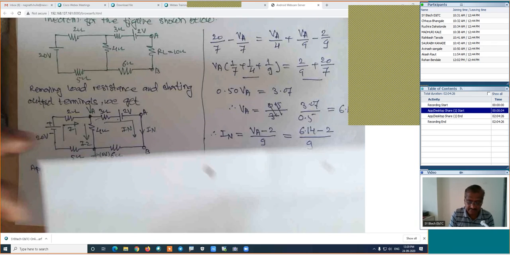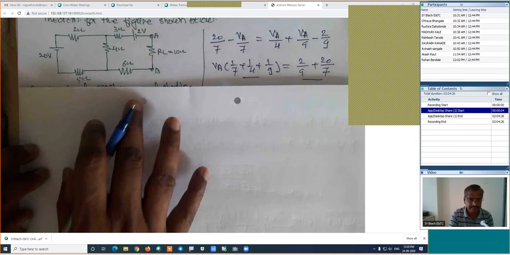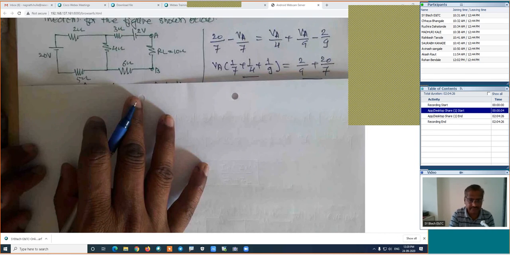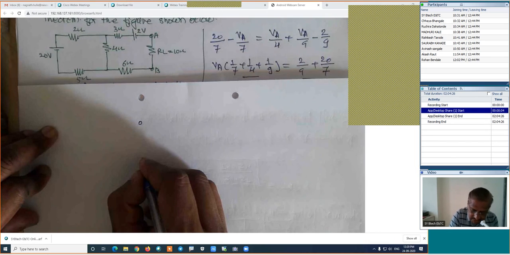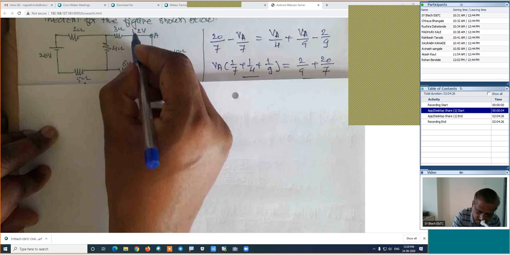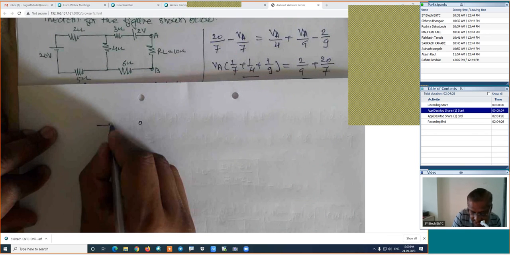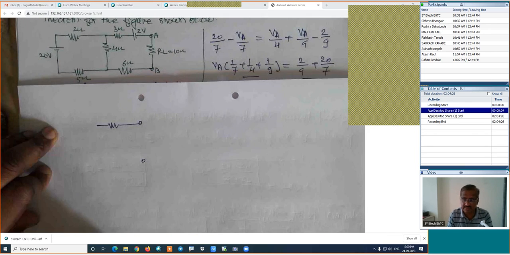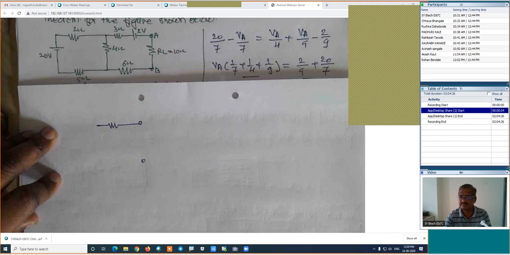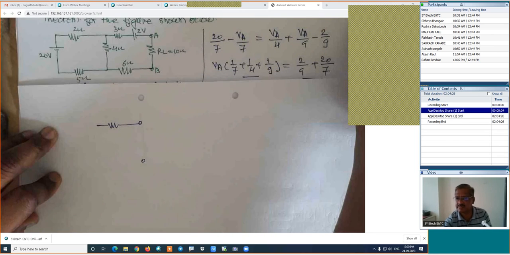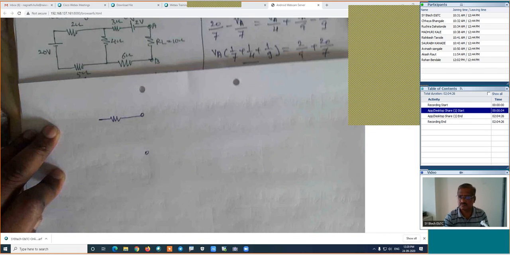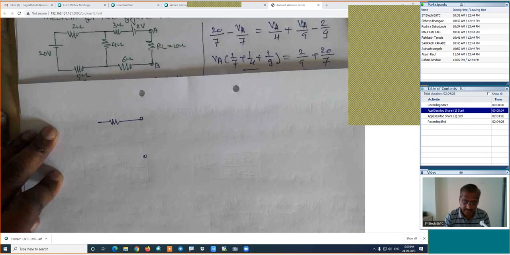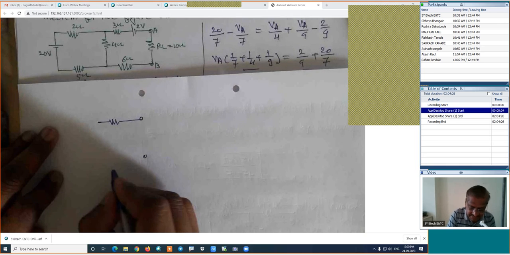I will draw the figure here. In this case, we are removing this load resistance. The source will be replaced by its internal resistance. Here will be the circuit, something like this.